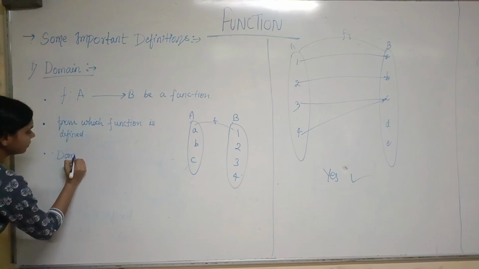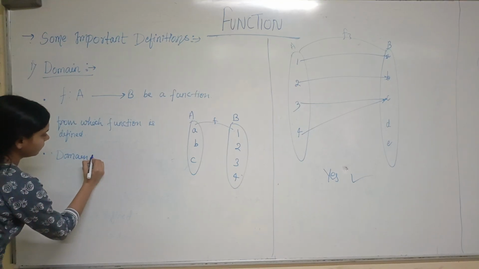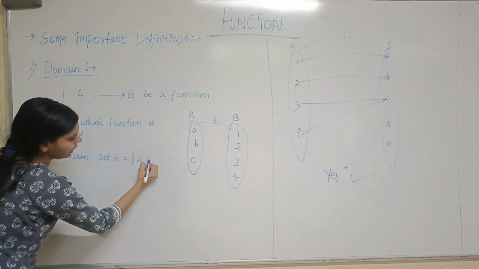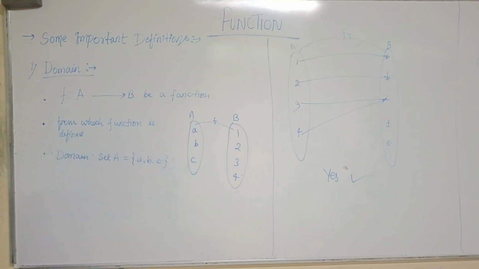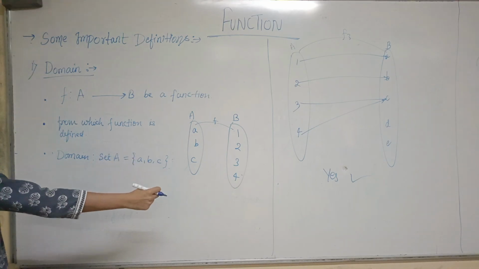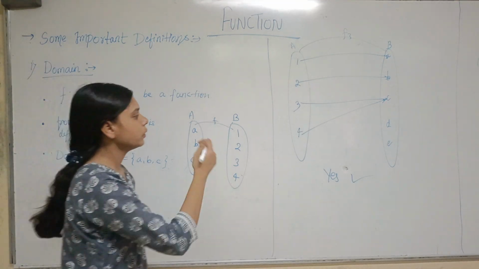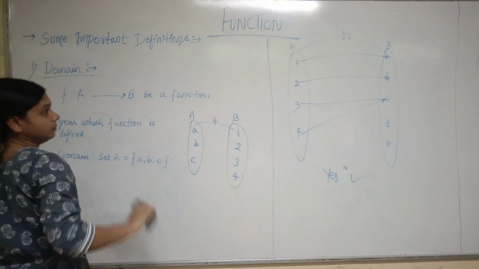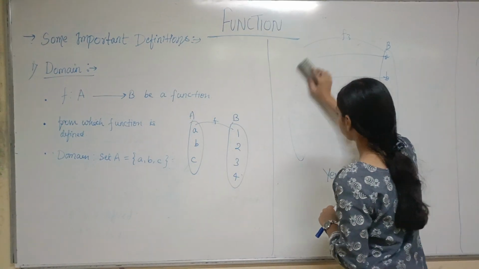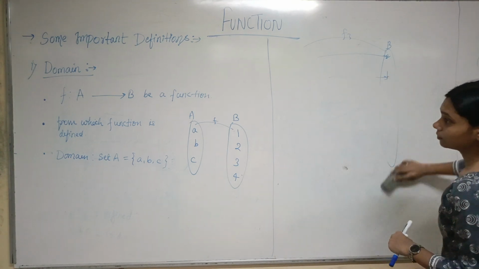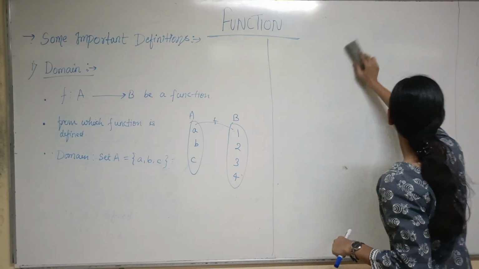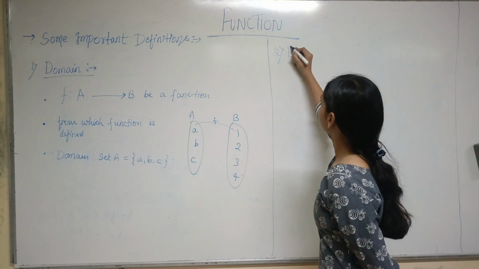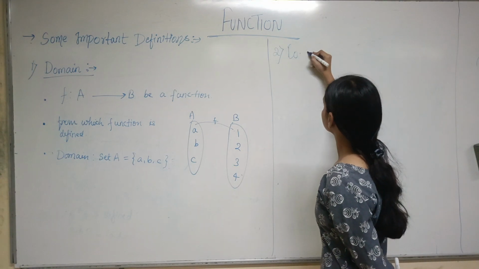So domain, set A is equal to A, B, C. Isn't it? Now the next definition is codomain.